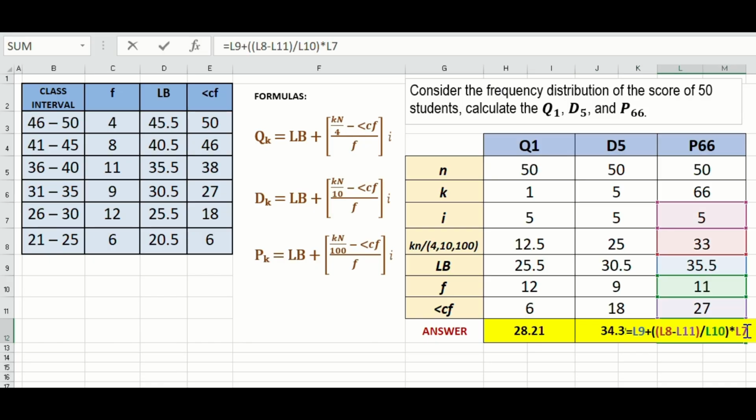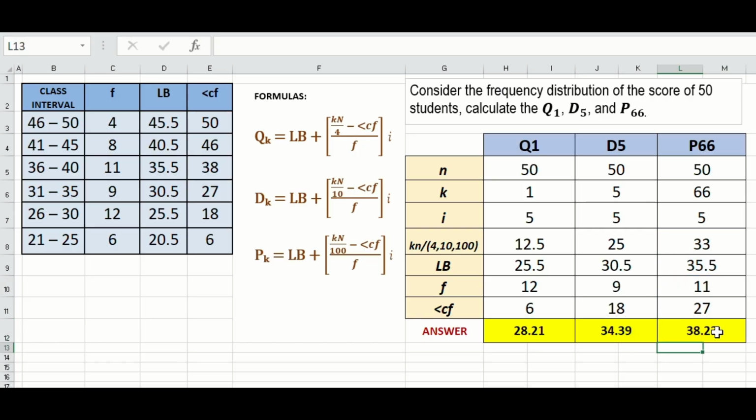We could just drag this, but since the purpose is to demonstrate, I will show you how. So let's click the lower boundary, then plus, put parentheses, then our kn over 100, which is 33, minus our less than cumulative frequency, which is 27, divided by our frequency, which is 11, and multiply by the class interval.